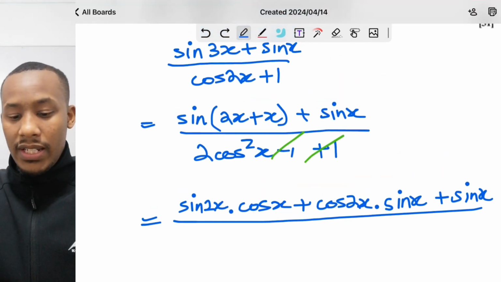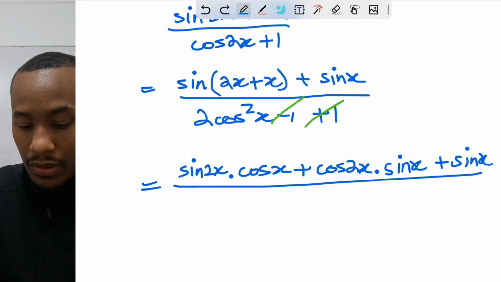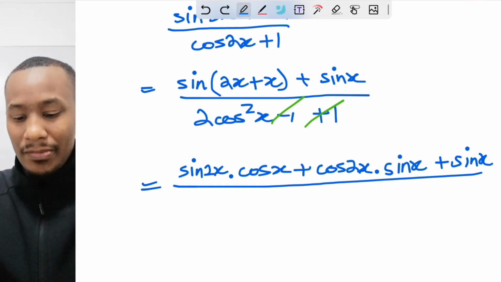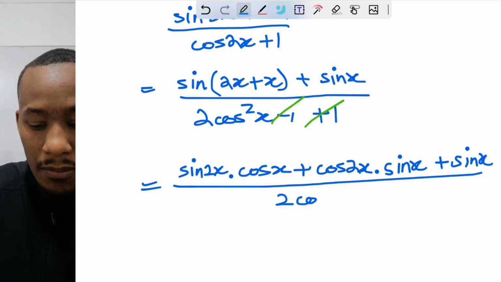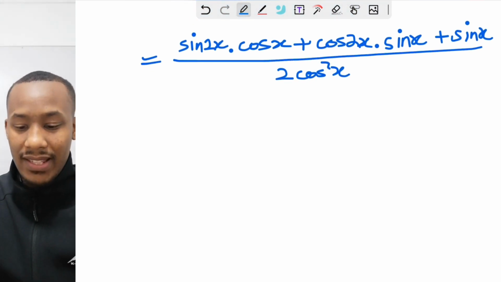Watch what I did: this sine 3x broke up into this whole monstrosity over here. But we're going to have to simplify this. We can't just leave it like that.